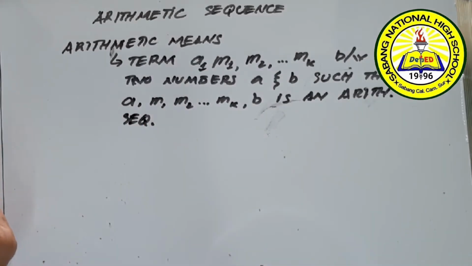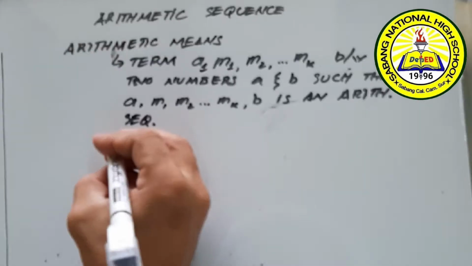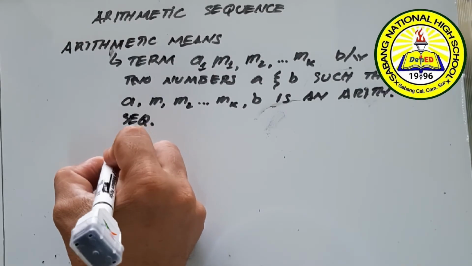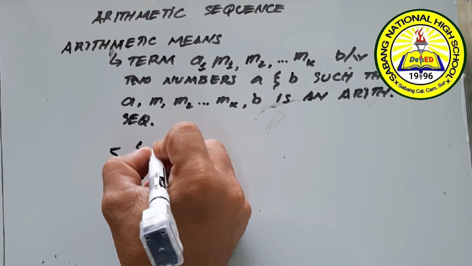Let us make everything simple. For example, we have 5 and 15.